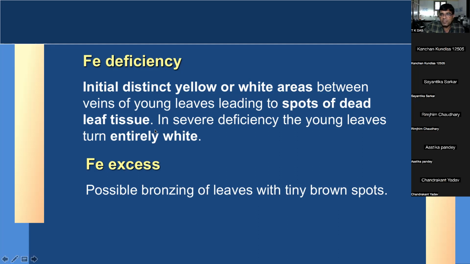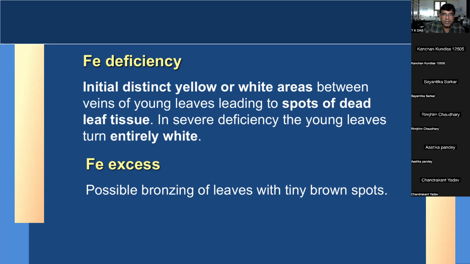In severe deficiency, the young leaves turn entirely white. The symptoms are very easy to remember. Initially, there will be yellowing of young leaves. After yellowing, they will convert to white color, and after white color, they will convert to brown color. So this is the sequence from yellow to white and white to brown.